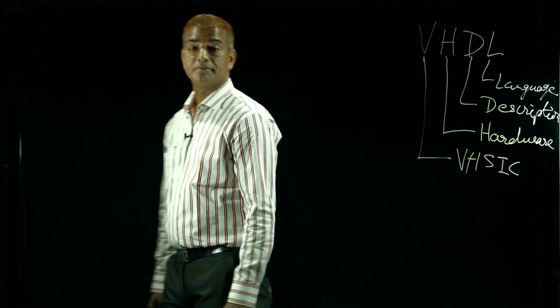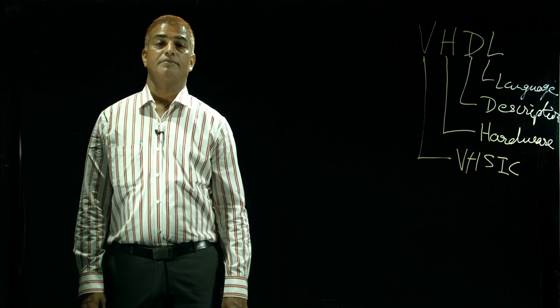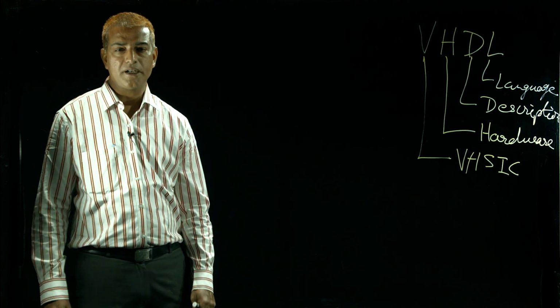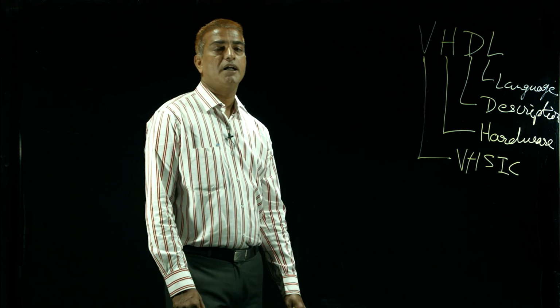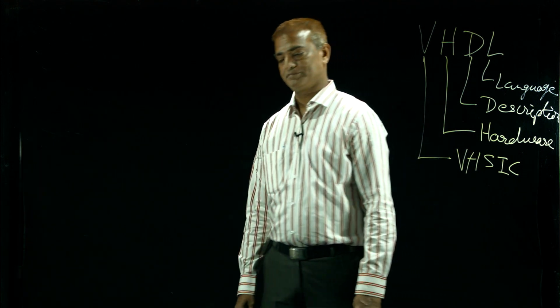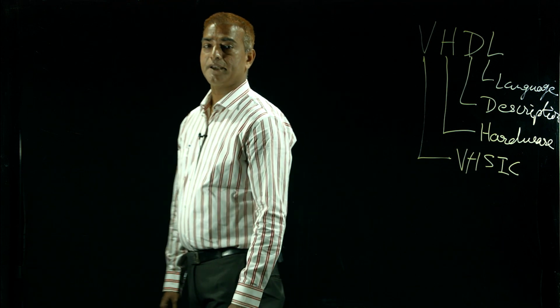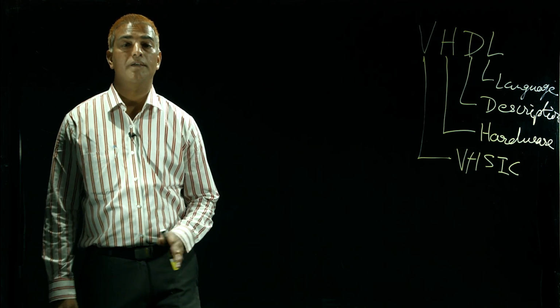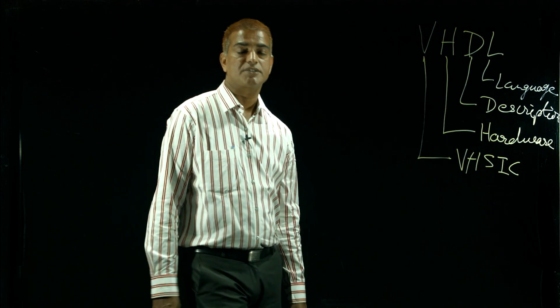Coming to the first, the data flow style of modeling: what is there in it? In data flow style, we directly write concurrent statements within the VHDL programming, and after writing the concurrent statements, one is able to create the parallel operation scenario.